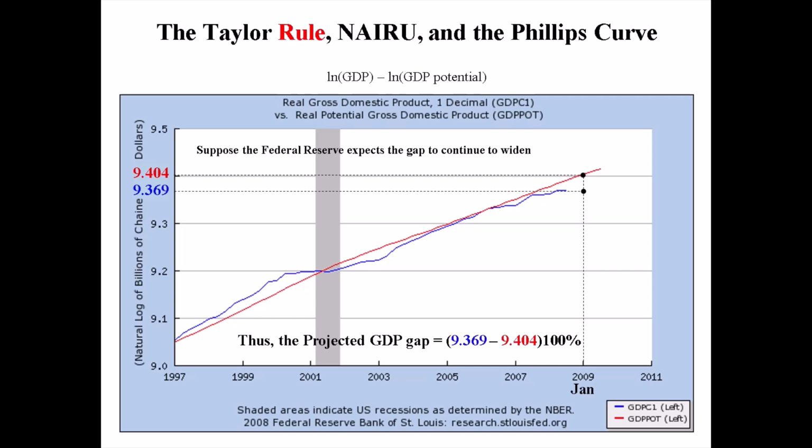Thus, we projected the GDP gap at negative 3.5%. And it actually dropped quite a bit, and then it kind of hung out there for a while until they revised how they calculated GDP and revised potential GDP's trend line. Okay, so we expect a gap of 3.5 percentage points.